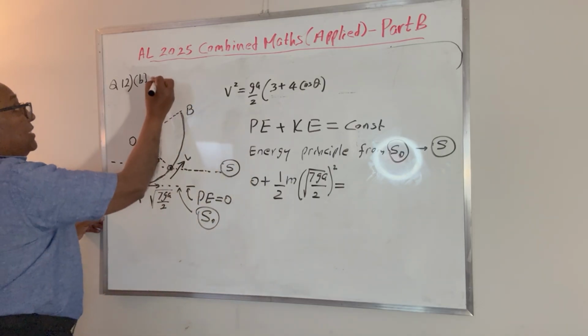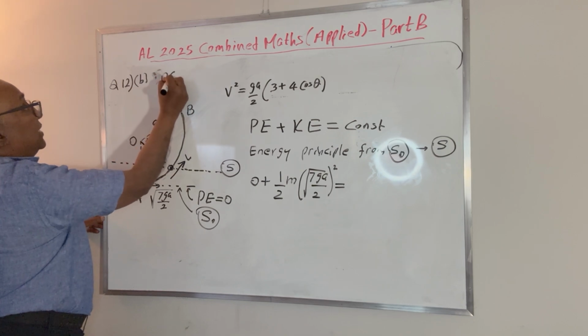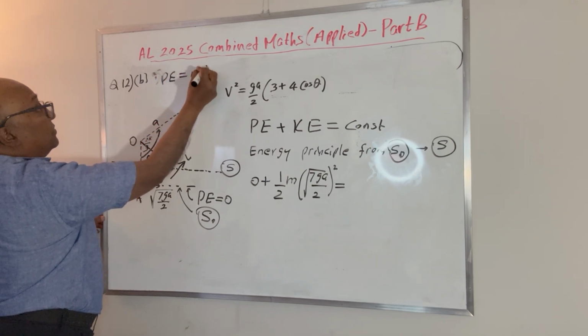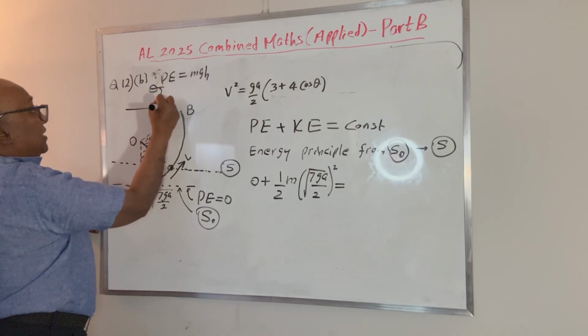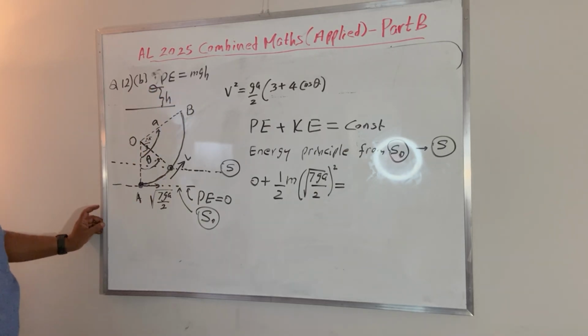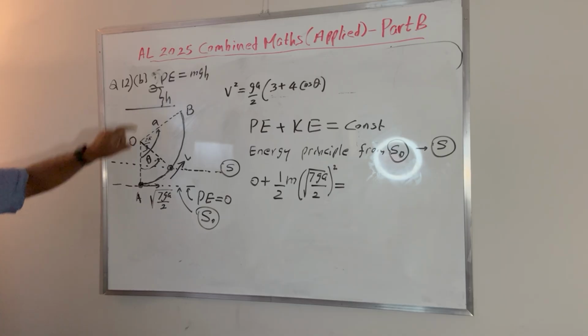You can use the formula potential energy equals mgh, where h is the height to the center of gravity from the reference level, the zero potential level.